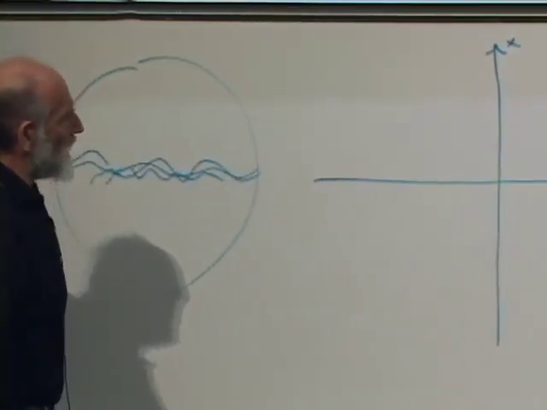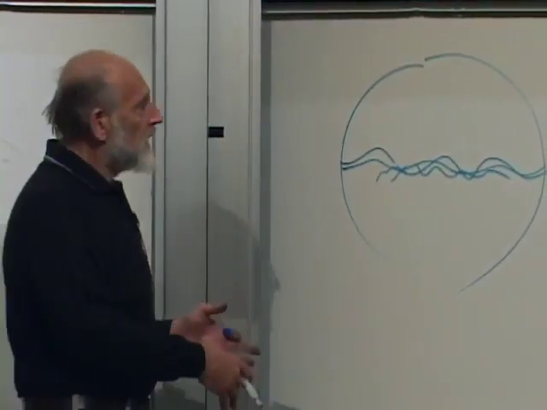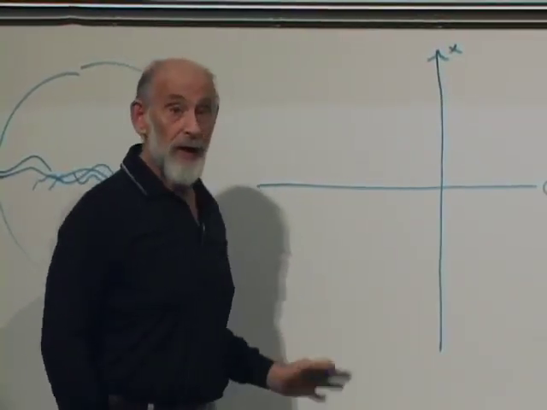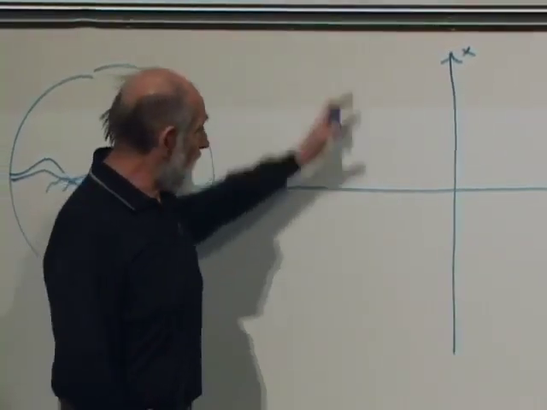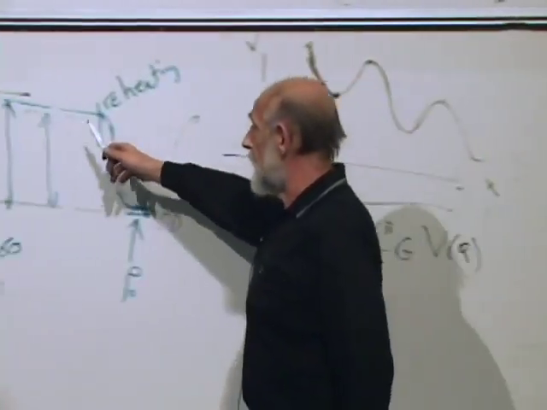What I want to draw is the contours of the field. The contours mean the surfaces of constant field, like a contour map. It's not a contour map of elevation, it's a contour map of the field phi.